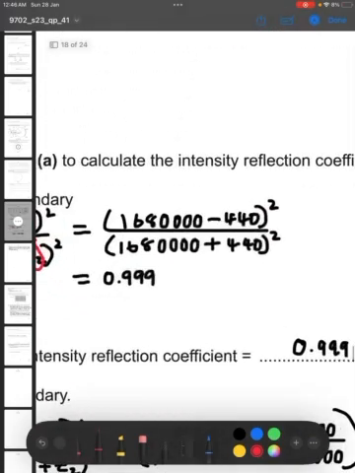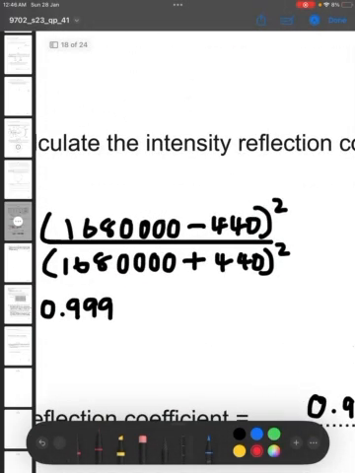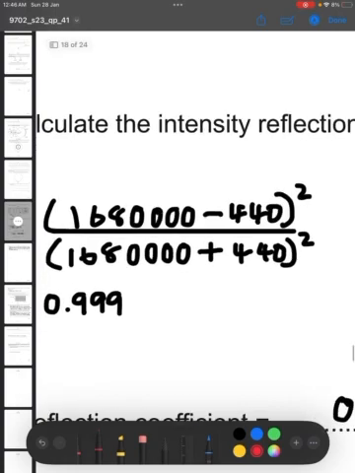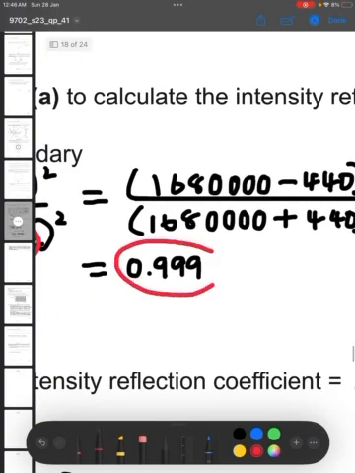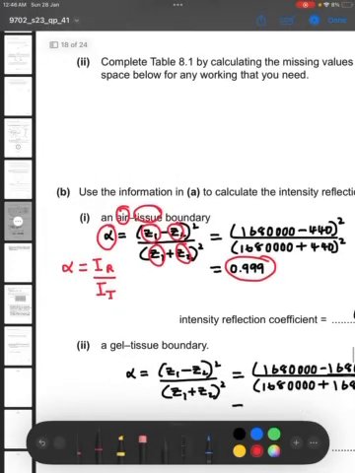So it's air tissue, and that's what I do here. 1.68 million minus 440 over the same plus 440, squared. This gives us 0.999999. That's the ratio of the intensity that is reflected over the intensity that is incident.